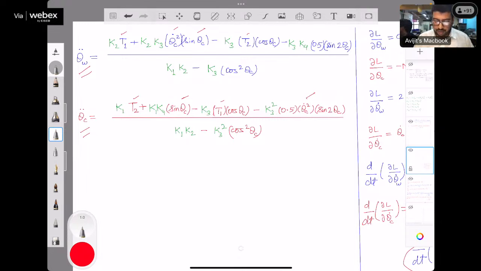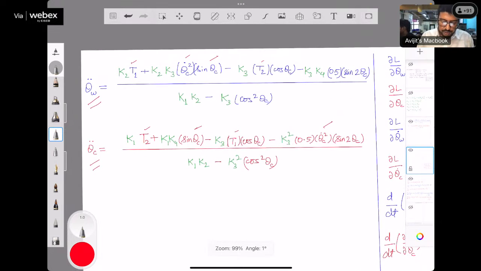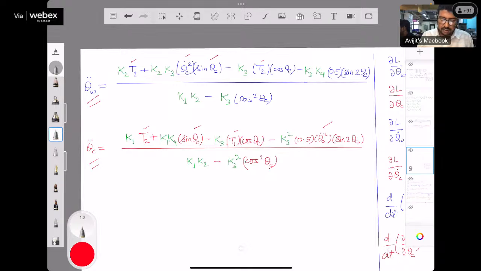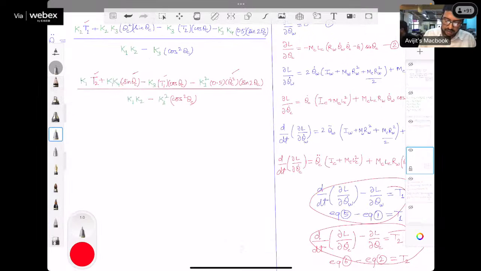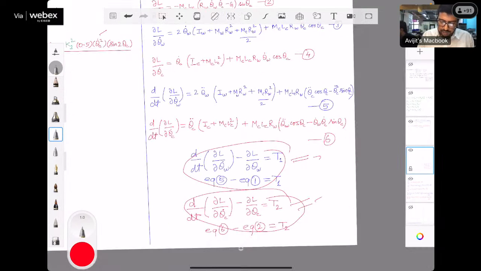Okay, fine. So you might also be noticing that there are several K terms like K1, K2, K3, K4. These equations are fairly large, but a big part of them are constants. For example, take this: it is a constant parameter, moment of inertia plus MCLC square. These are constants, MCLC RW.